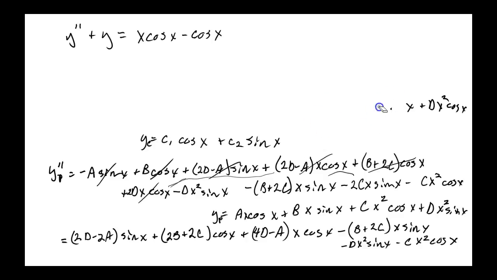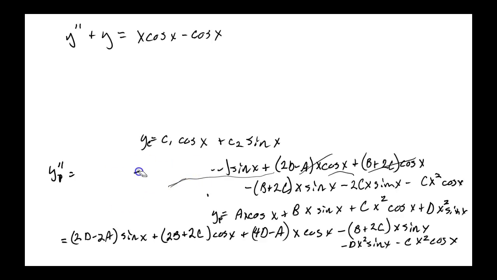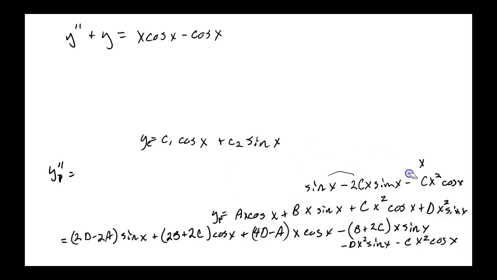The y primes are not part of the final answer, so I'm going to get away with that. If I can get them to erase. There we go, finally. The y double prime is part, but I want that in the expression below, not this one here. This one had extra terms in it. If we combine those like terms down below. Going to keep the y prime because we need it. Partly this is so I can have room, and the other part is so I don't look up and copy it from the wrong line.